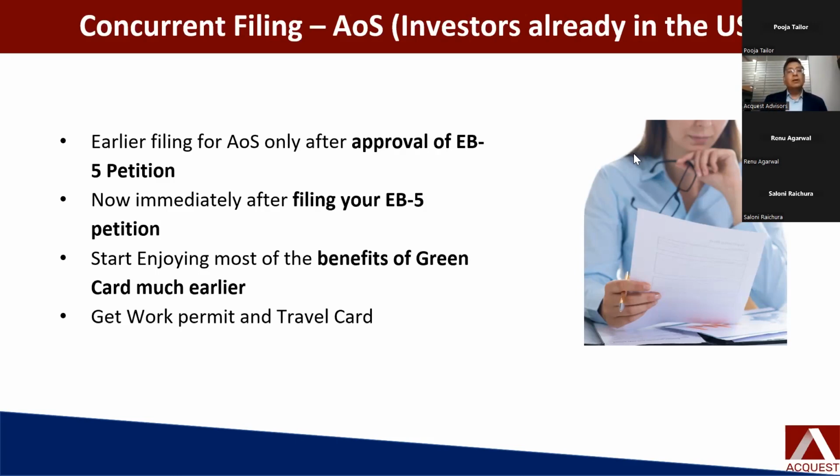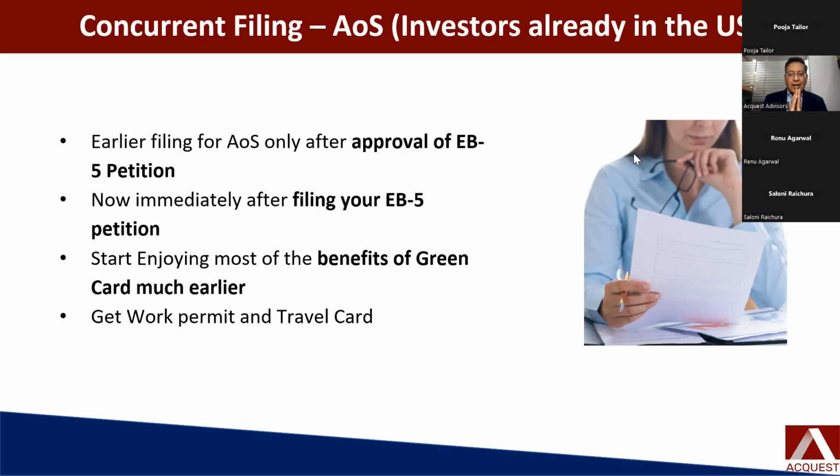But now, under the new act, they've allowed concurrent filing for adjustment of status for investors who are already in the US. What this means is that you don't have to wait for your EB-5 application to be approved for change of status. You can immediately apply for change of status after you have filed your EB-5 application. What does this mean?